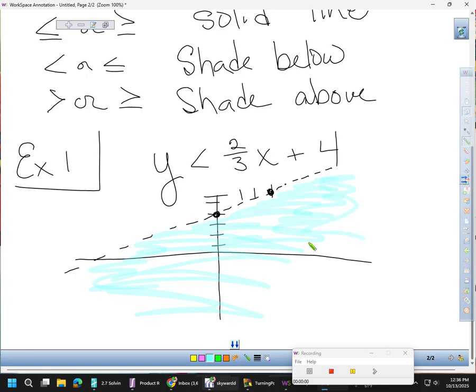What this means is that any point in that shaded region makes the statement true. Seem pretty easy? It's a lot of graphing today, but we got this.